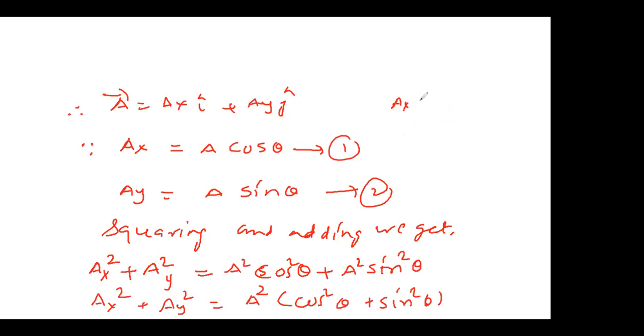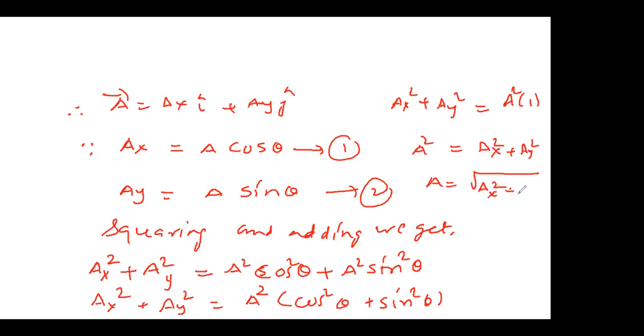So A x square plus A y square equals A square into 1, which you can write as A square equals A x square plus A y square. So A equals the square root of A x square plus A y square.